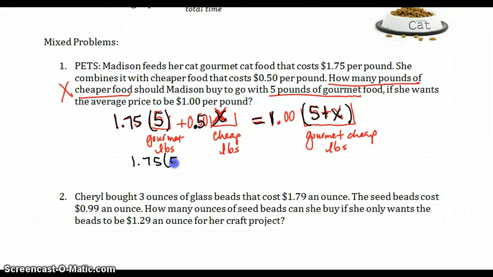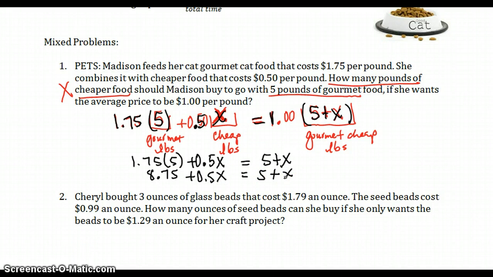So here we go. Multiply 1.75 times 5, plus 0.5x equals 5 plus x. And that'll give me 8.75 plus 0.5x equals 5 plus x. So now I need to find out how many pounds of cheaper I need. I'm solving for x. So let's subtract 0.5x from 1x. That'll cancel.